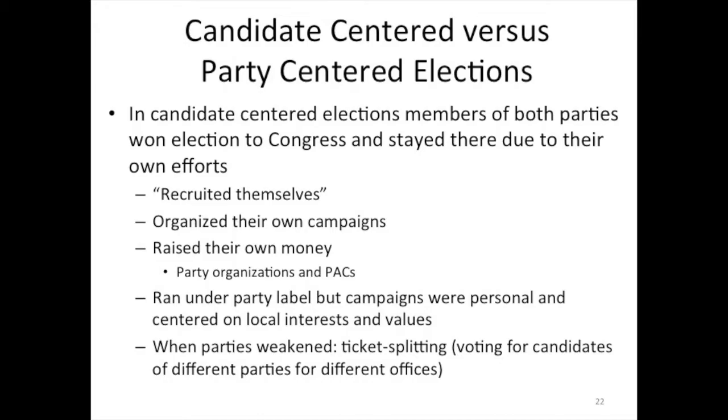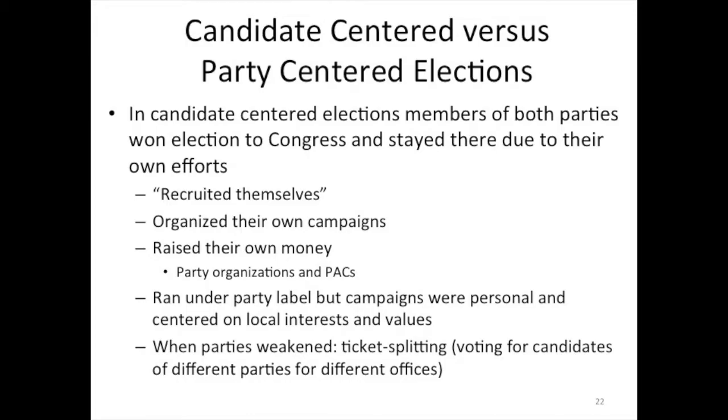Congress members would emphasize their individual character, their individual legislative performance, and their constituency services to their district or state in their campaigns. And, of course, this inherently encouraged voters to use this individualistic criteria when deciding who to vote for, instead of just voting on the party line.